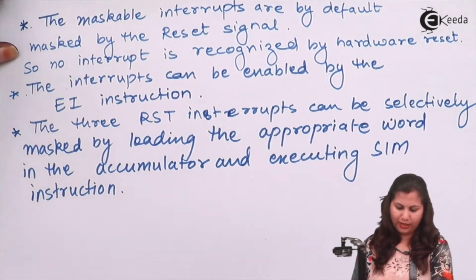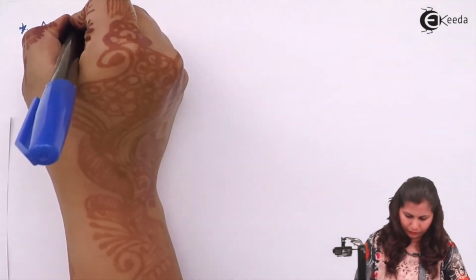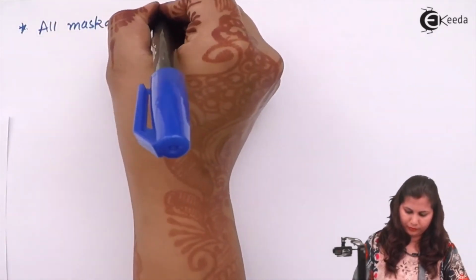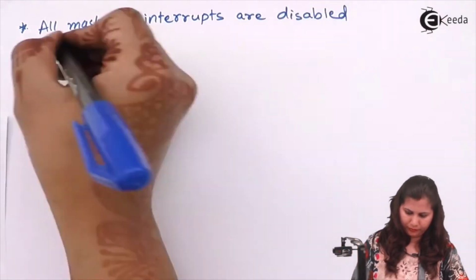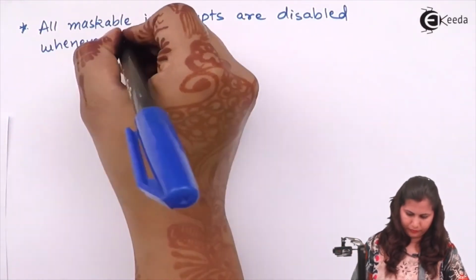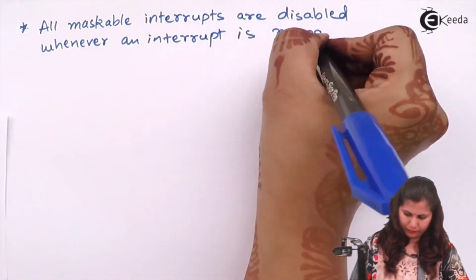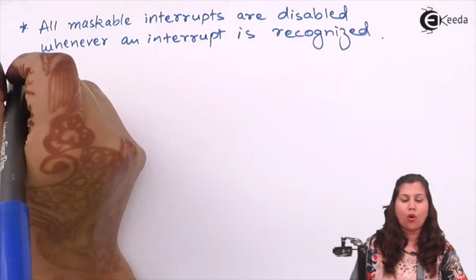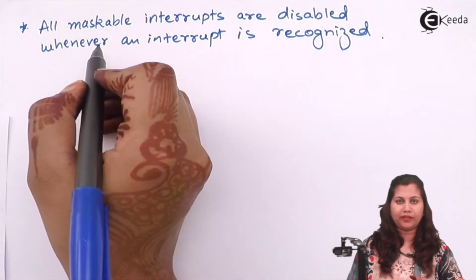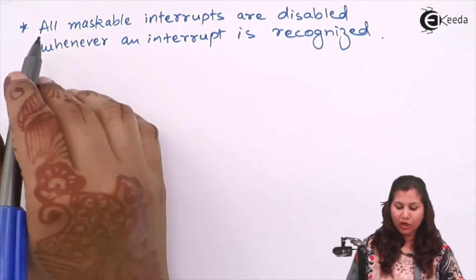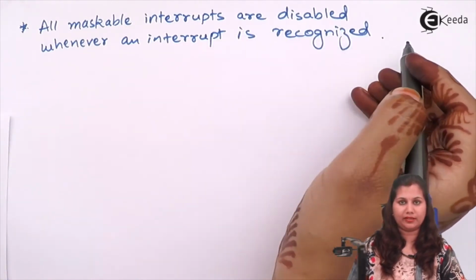Now fourth, we have all the maskable interrupts. The maskable interrupts were INTR, 7.5, 6.5, 5.5. So these interrupts are disabled whenever an interrupt is recognized.